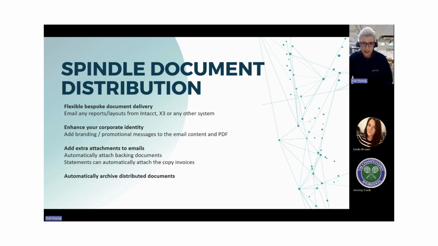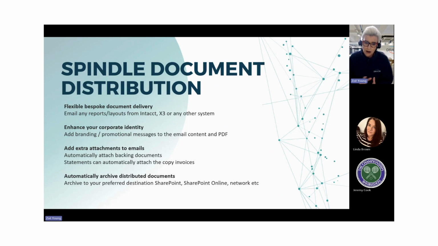those copy invoices. In order to do that, Spindle will have previously archived the sales invoice, but again, that's done as an automation. So anything we're sending out using Spindle, we can automatically archive the document that's being sent. And in the instance of sending out a statement and automatically attaching the copy invoices, obviously that is exactly what's happened.